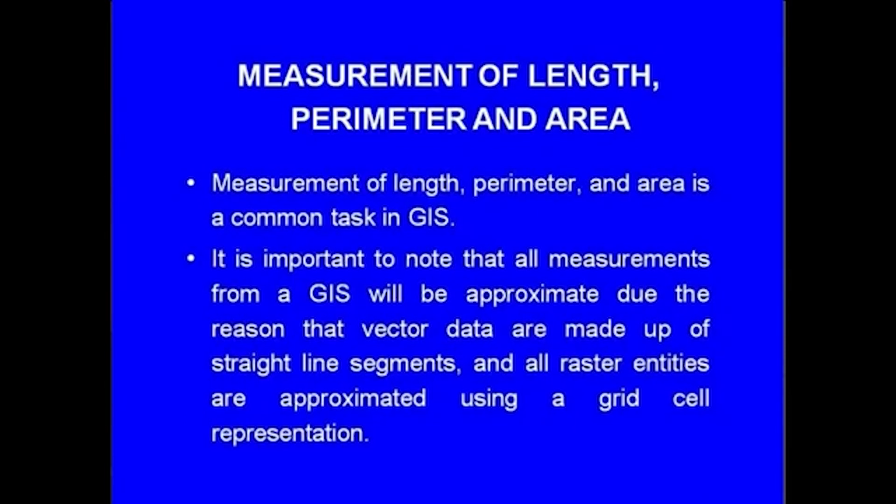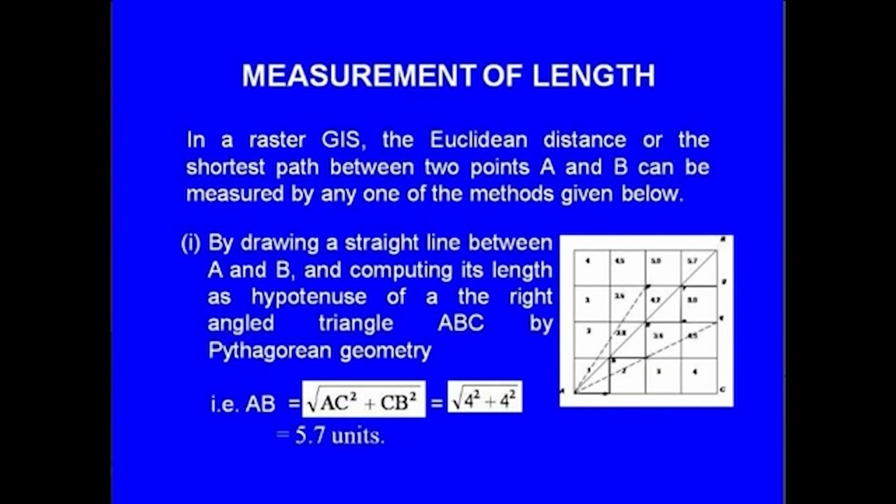It is important to note that all measurements from a GIS will be approximate because vector data are made up of straight line segments and all raster entities are approximated using a grid cell representation. If we are to make the measurements in a raster GIS, the Euclidean distance or the shortest path between 2 points A and B can be measured by any one of the methods given below.